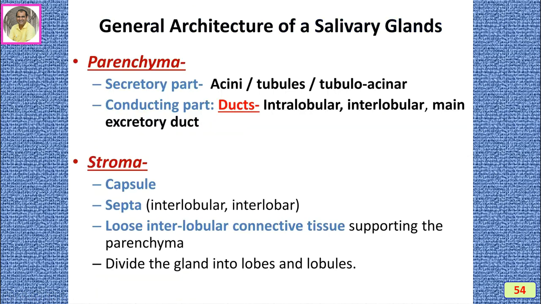Then the general architecture of the salivary gland has the secretory part and also the conducting part. The conducting part is called the duct, and the stroma is similar to septa, meaning interlobular septa.